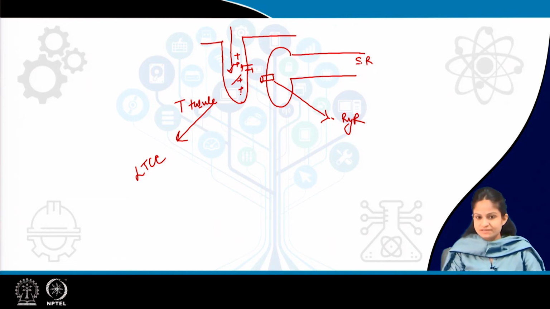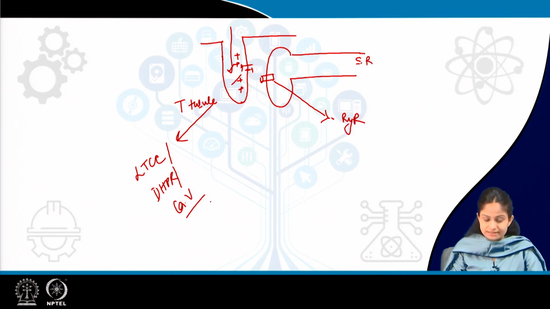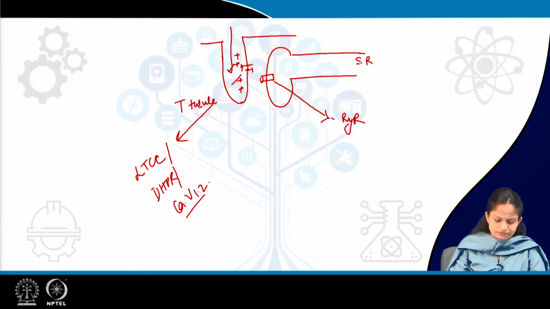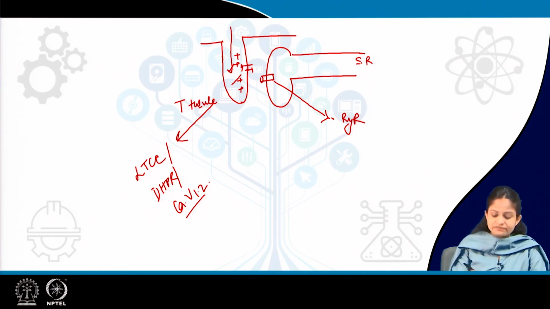So, these more positive charges will cause the L type of calcium channels, otherwise known as DHPR, which are nothing but voltage gated calcium channels, to open and there will be influx of calcium.